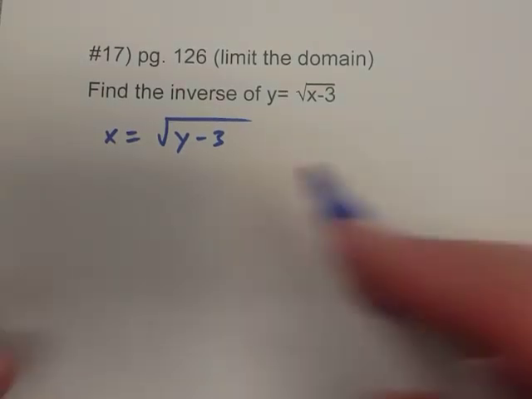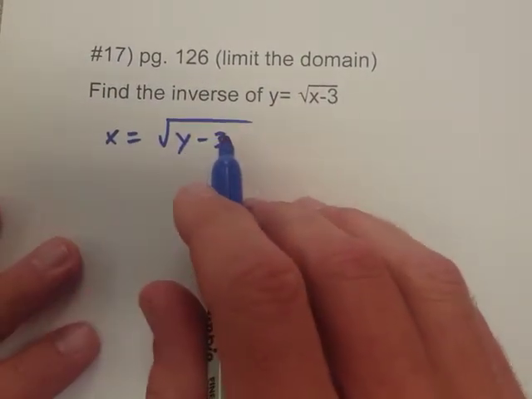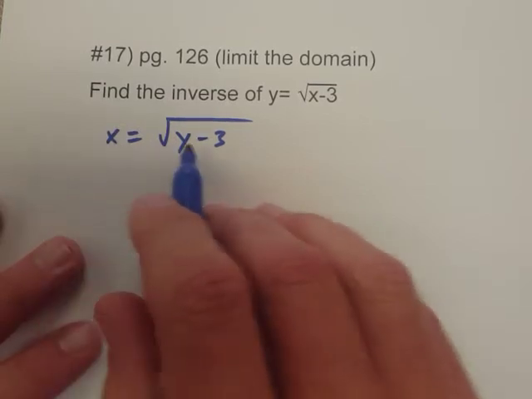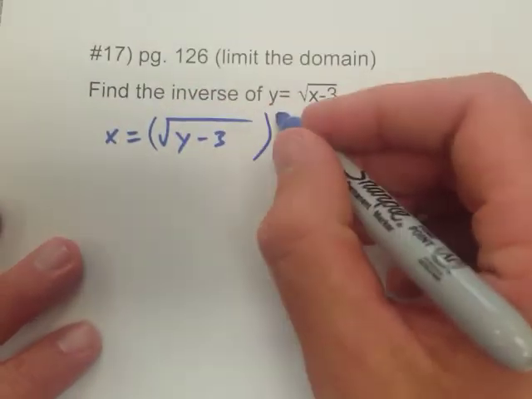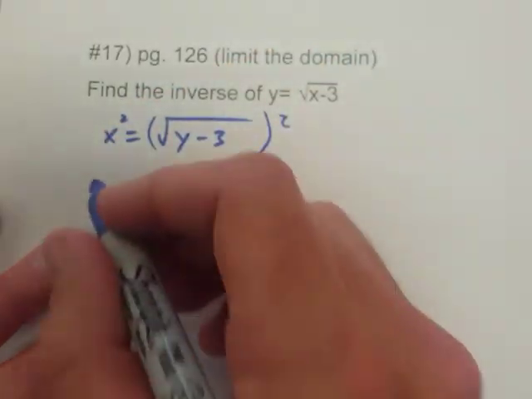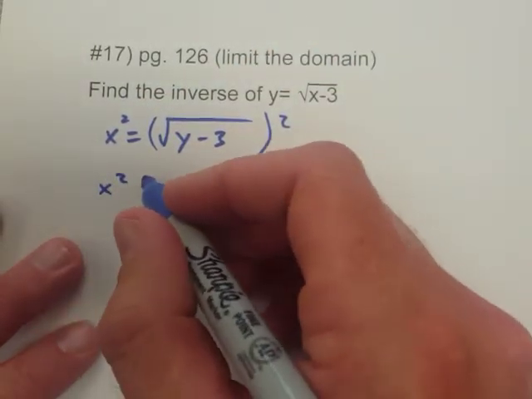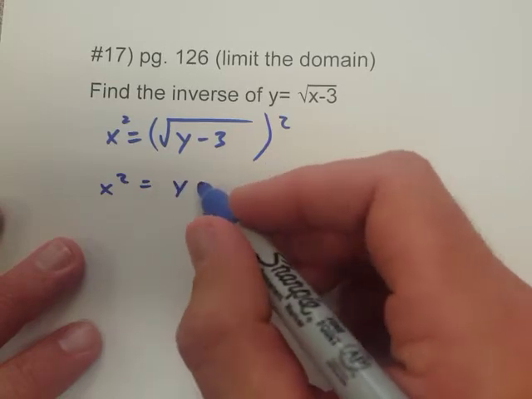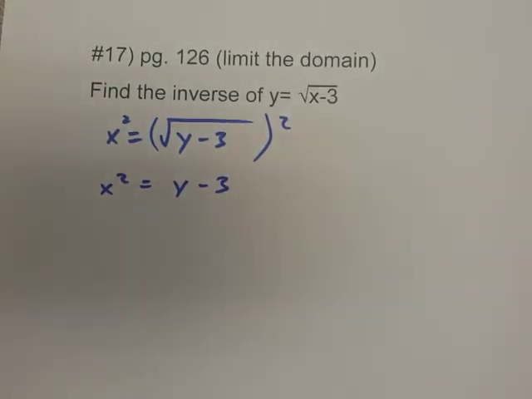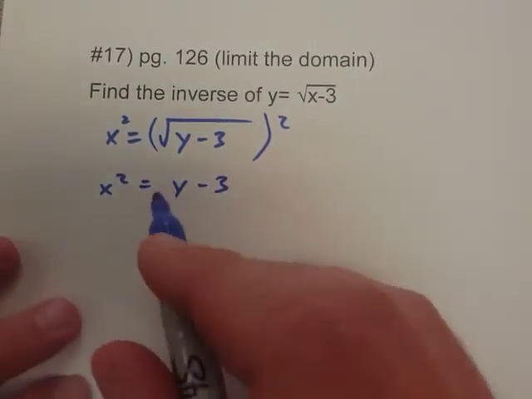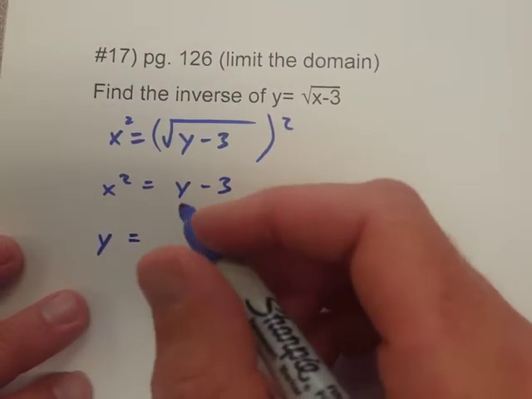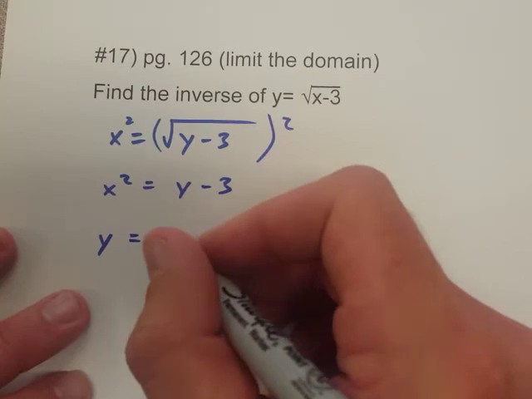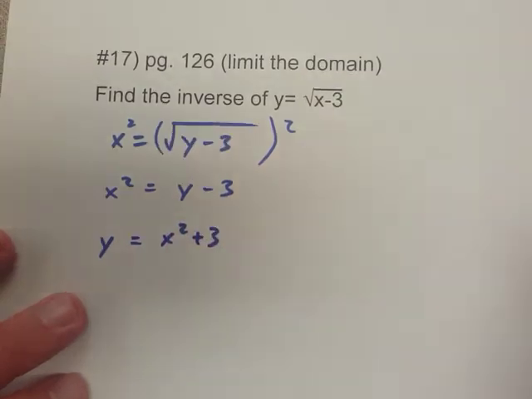Once I do that, I will try to get y by itself. So I'm going to square both sides, square this and square that. So that gives me x squared equals y minus 3. And then finally, to get y by itself, I am going to add 3 to both sides. So then I get y equals x squared plus 3.